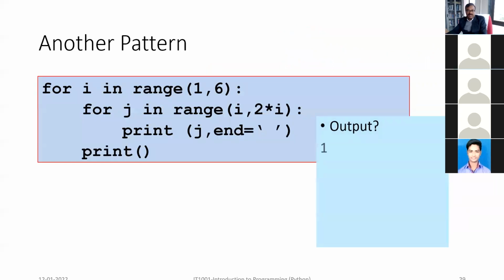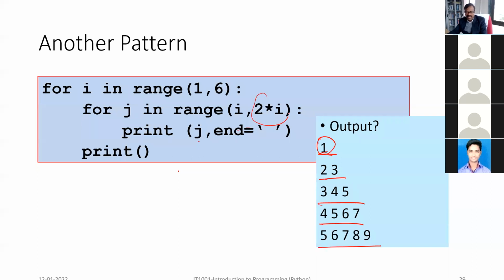And this is another pattern. Let's say you want this output, and it will be interesting for you to experiment with this code. This code is given to you. In the first line, it is printing only 1. You see that at every step you are printing a different set of numbers, not a fixed set of numbers.